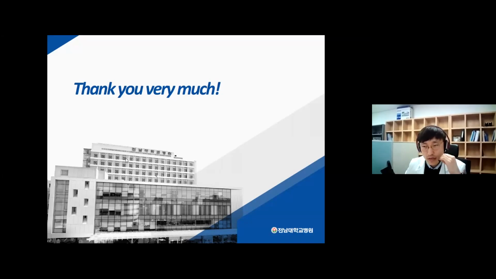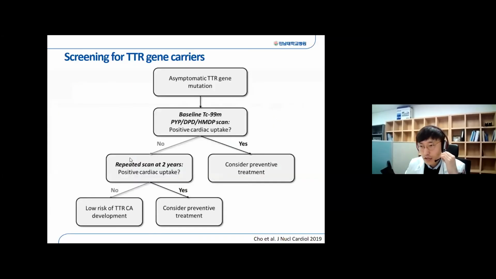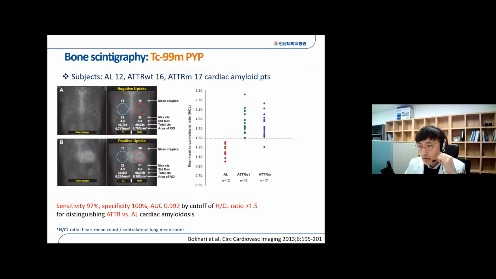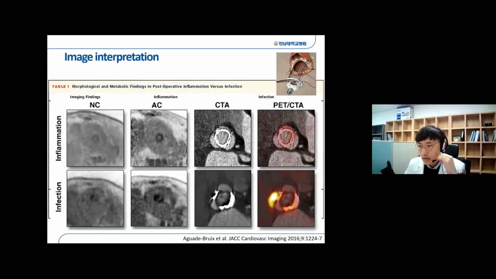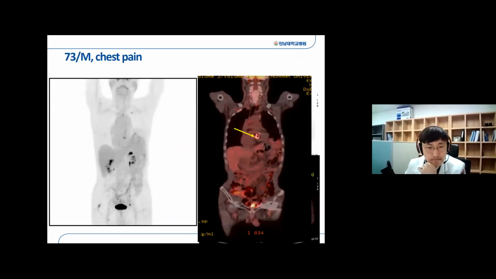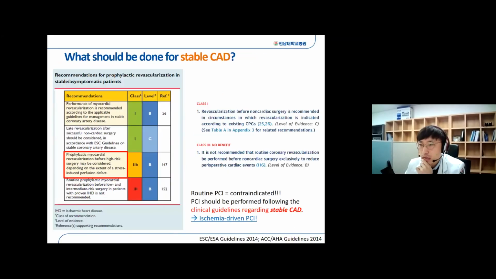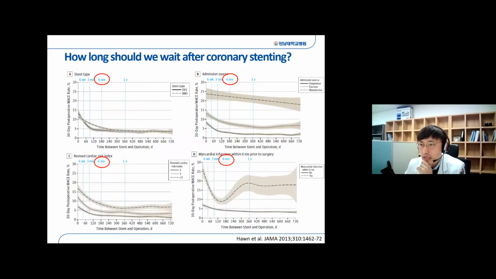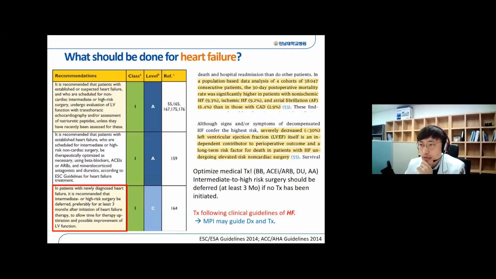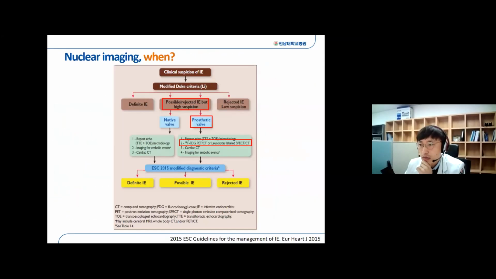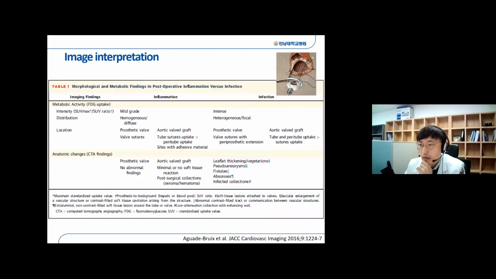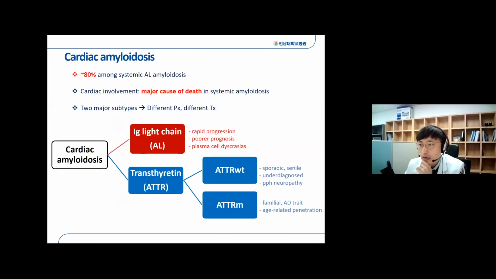I'm not sure if I understood your question correctly. So the question is about the use of DPD in the diagnosis of cardiac amyloid? Yeah, transthyretin amyloidosis.